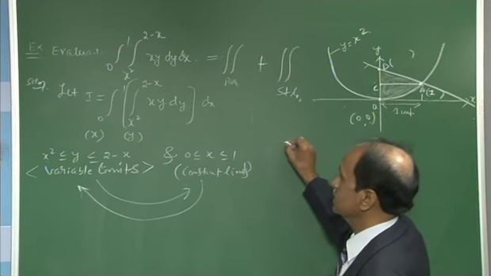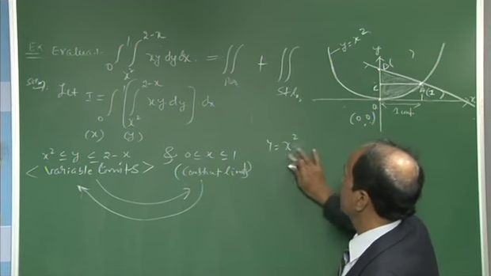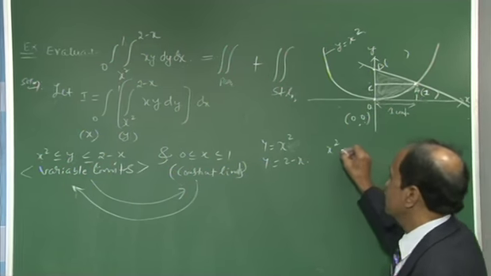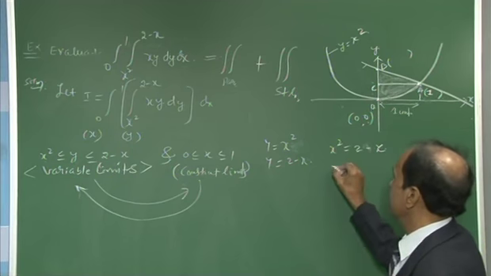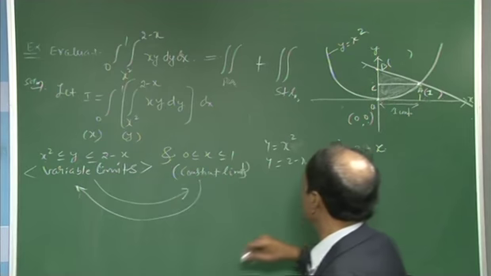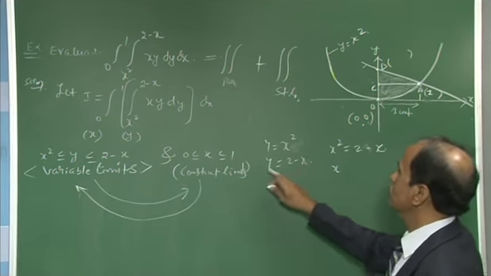What are the coordinates? X square is equal to y and y is equal to 2 minus x. Equate that. X square is equal to 2 minus x. Then x equal to 0 and x equal to 1. X equal to 0, y becomes 0 and x equal to 1, y is equal to 1.